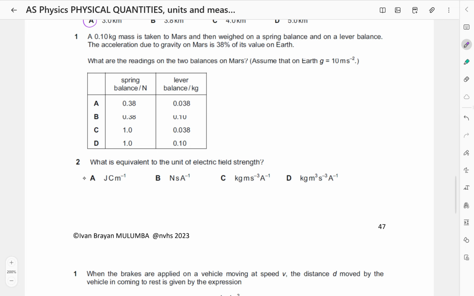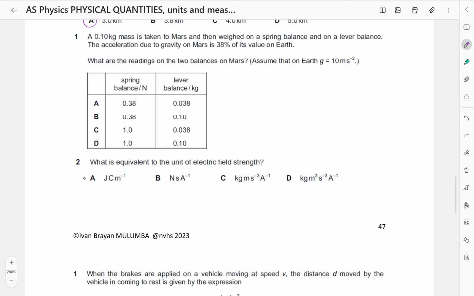Of course, a 0.1 kilogram mass is taken to Mars and then weighed on a spring balance. So on Mars, we are using a spring balance and on a lever balance. So we are also using a lever balance on Mars. The acceleration due to gravity on Mars is 38% of its value on Earth. What are the readings on the two balances on Mars? Assume that on Earth, G is equal to 10 meters per second squared.